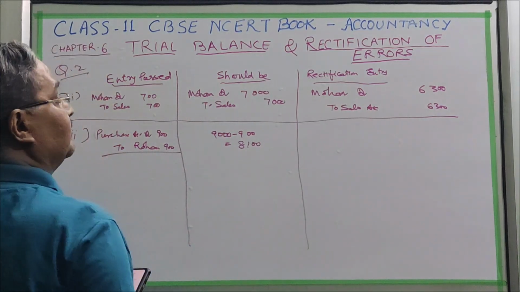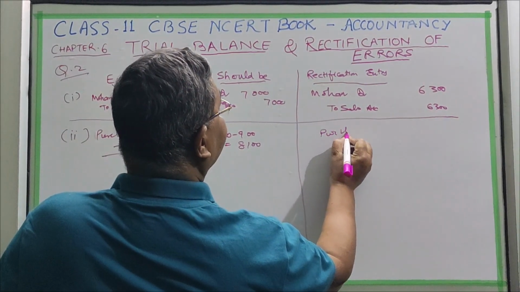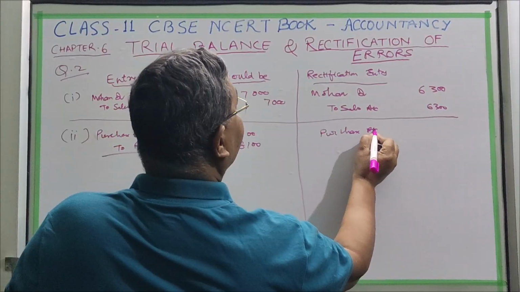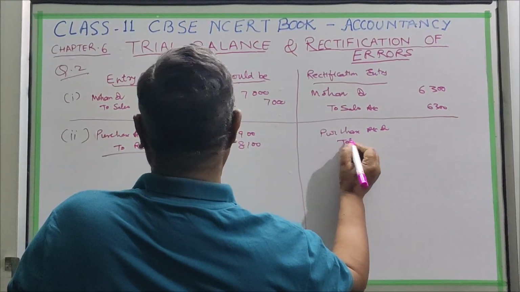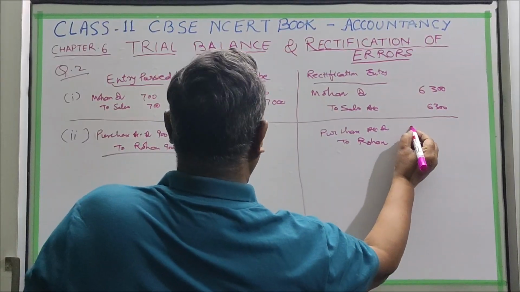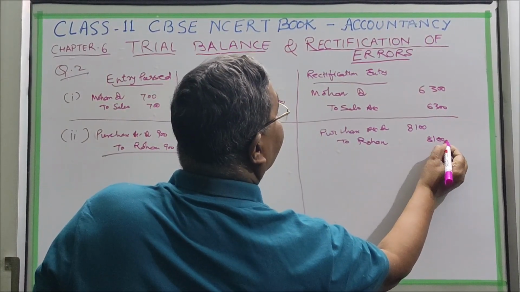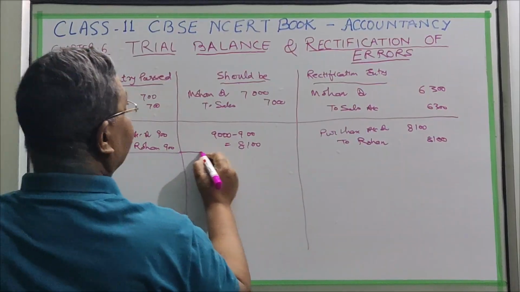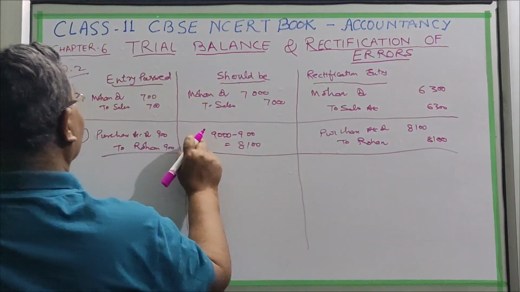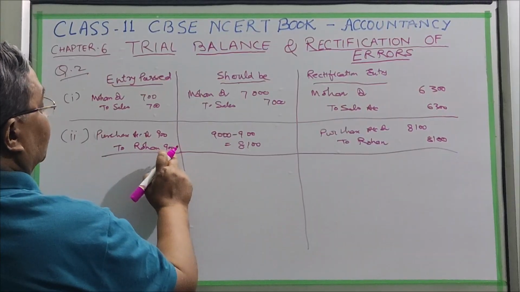The wrong posting is still to be corrected. So we will do purchase account debit, and to Rohan 8,100. Okay. So in this way we make the rectification. Here we will make purchase account debit 8,100 to Rohan 8,100.